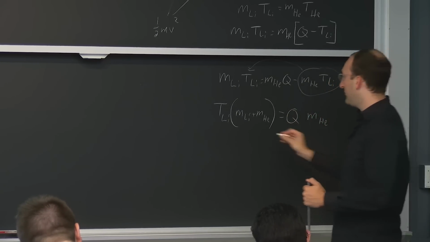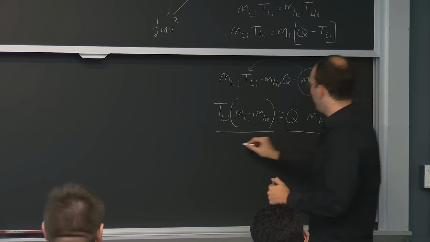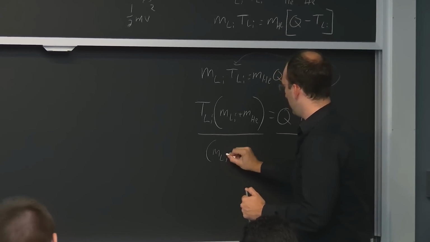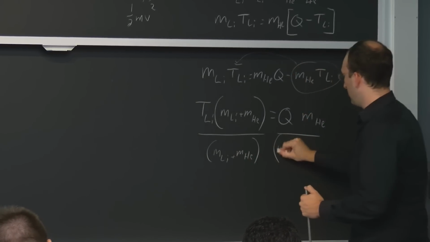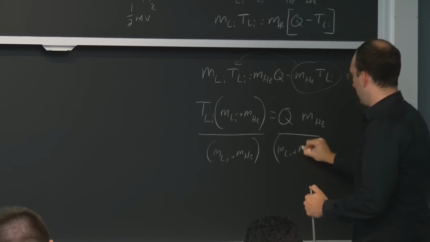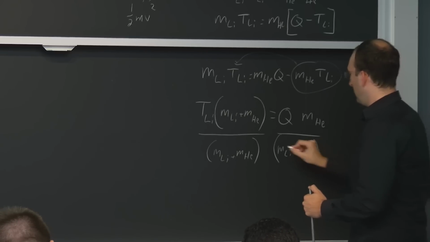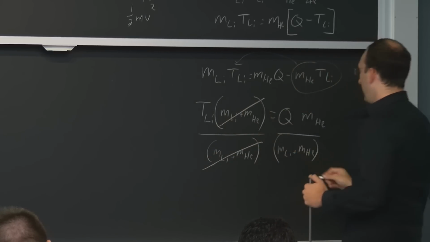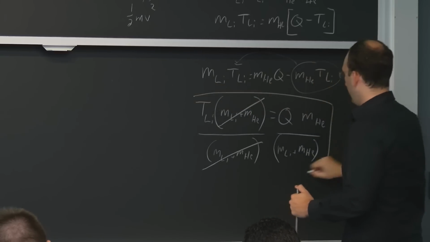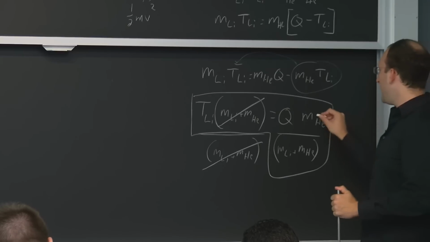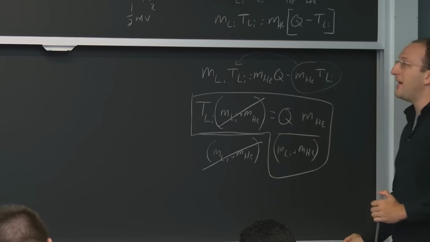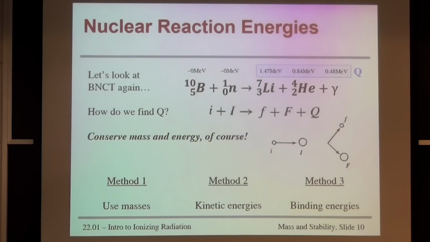Then we can just divide both sides by the sum of those masses. Those two terms cancel, and we're left with the expression for the kinetic energy of lithium, which is the mass of helium over the sum of the masses times the total Q value.